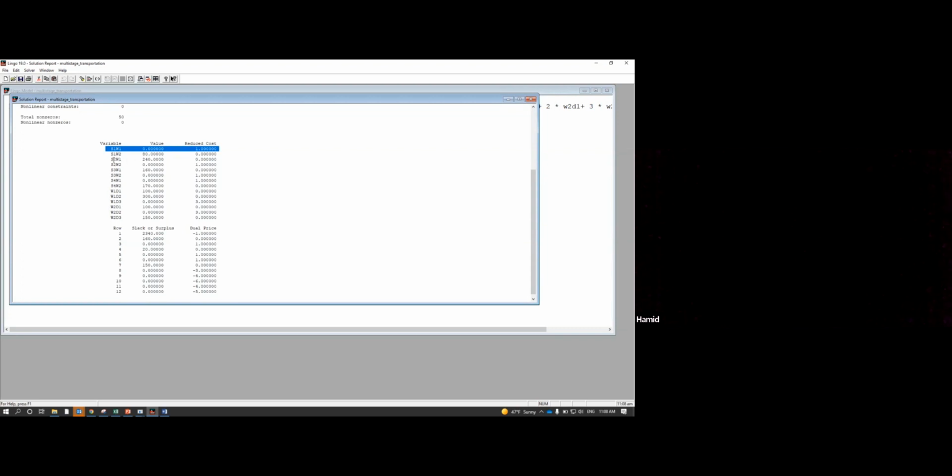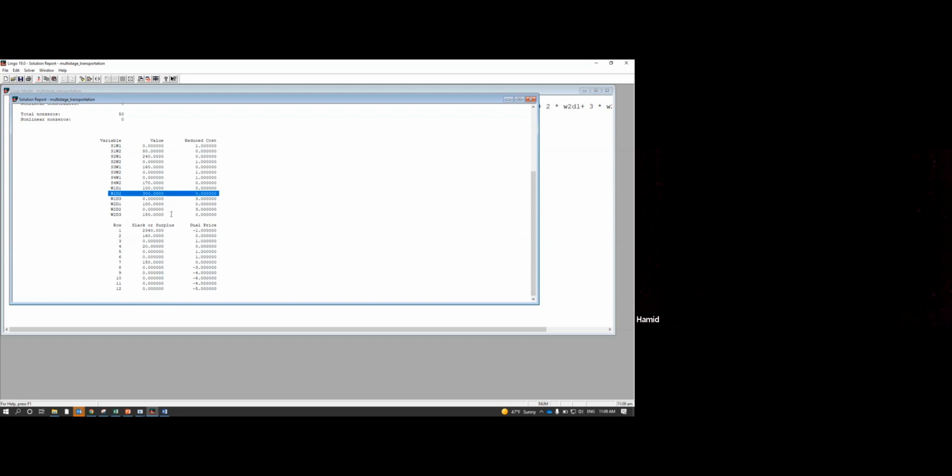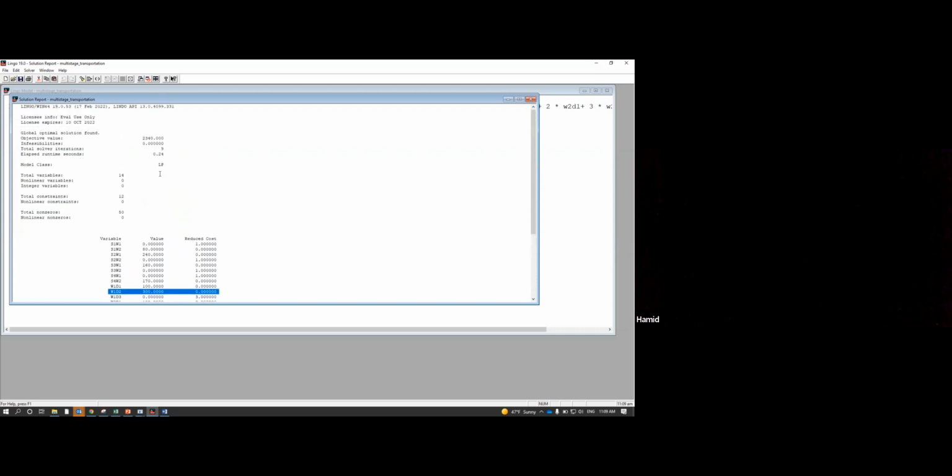For some, for example, I think the maximum is from Orlando to Denver, you send 300, and same for the others. So we solved this problem in Excel too. Again, you still have flexibility. If you want, you can solve in both Excel or Lingo. Just adopt the one that is more straightforward for you.